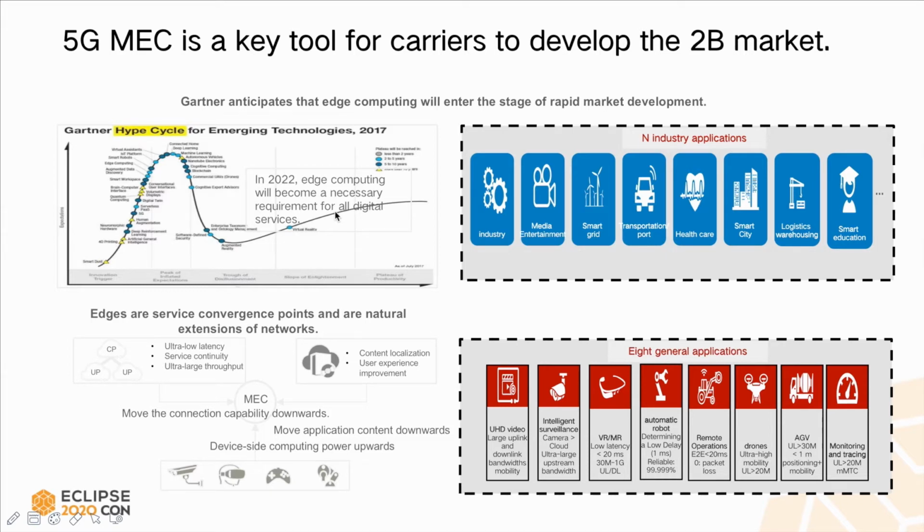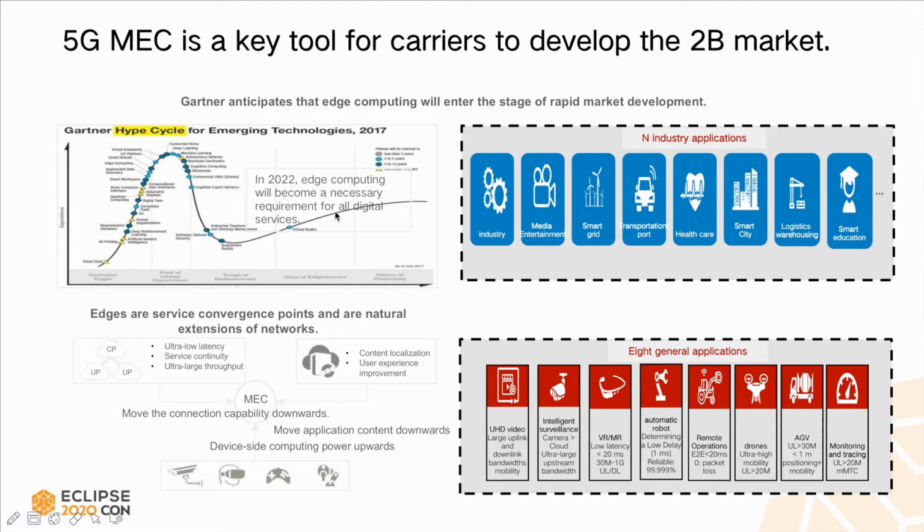MEC is a network platform which implements the connection capability and also a computing platform that allows cloud content and applications to be deployed at the network edge close to users.